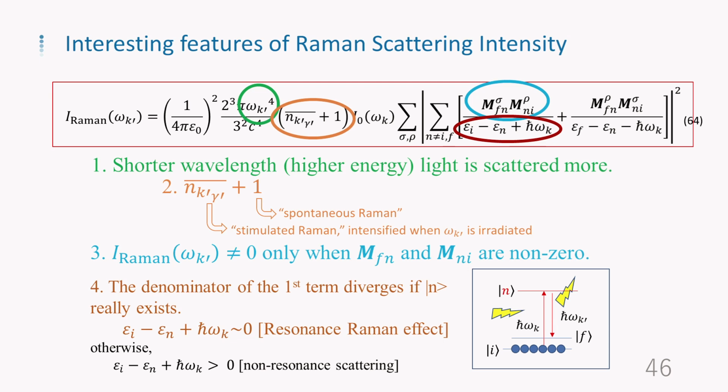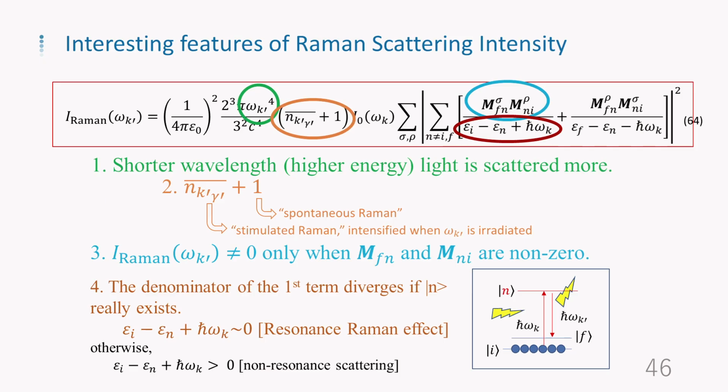Okay, so here is a ground state and intermediate state, and the excitation beam comes, and scattering occurs. This is spontaneous Raman. And in this case, we put a sample, irradiate a beam, and scattering occurs everywhere.